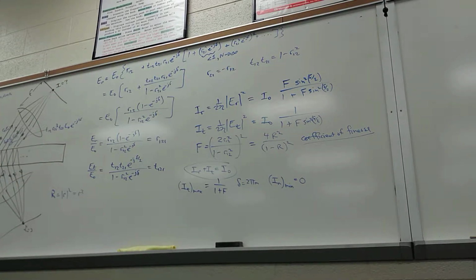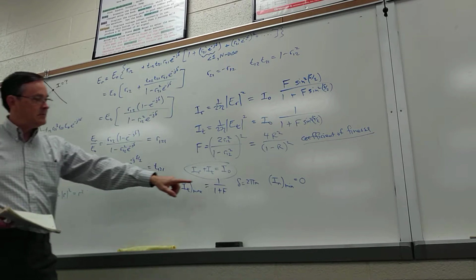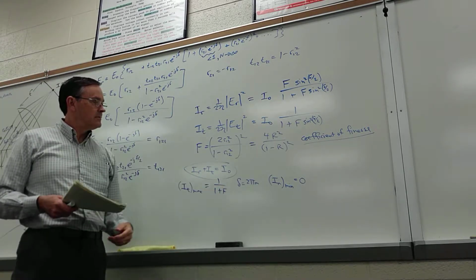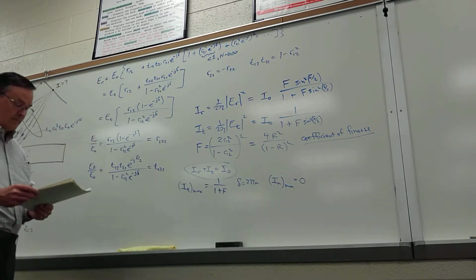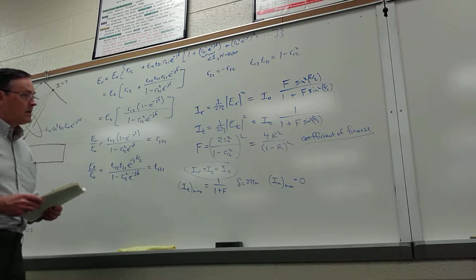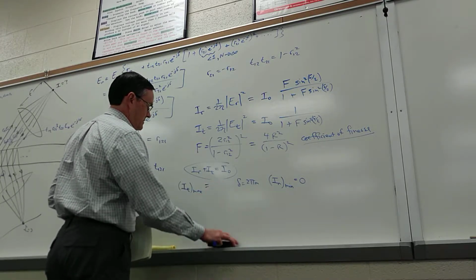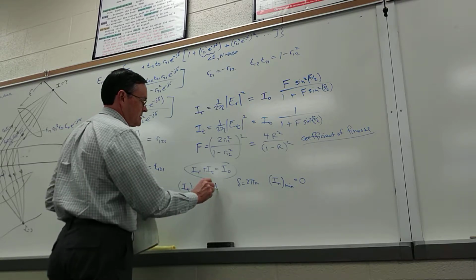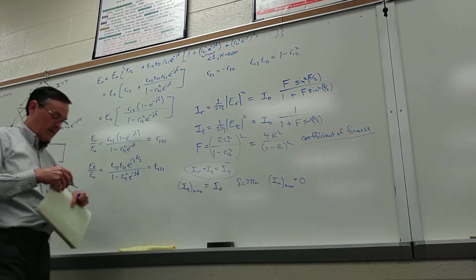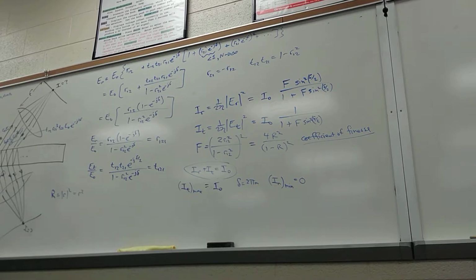We've got a slab, we've got a plane wave incident, and under this condition, what happens? Everything is transmitted. Oh, I screwed up. Sorry. It's 1, that's just I naught. There we go. That's a much better story.